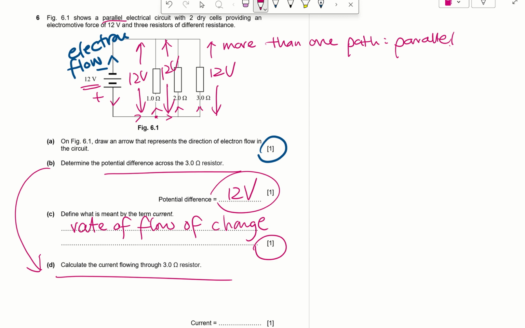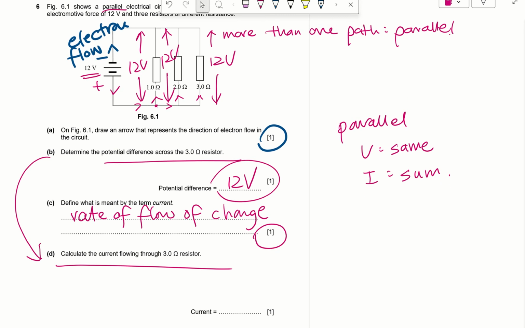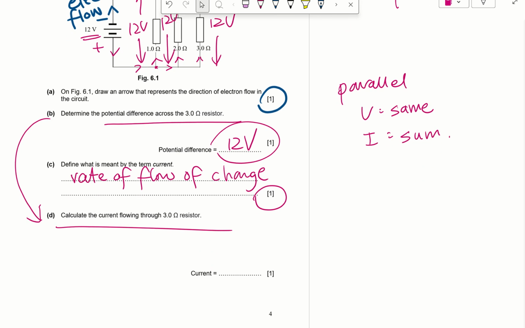How is it 12 volts? I told you, in parallel, voltage is same. Same to what? Same to the potential difference or the voltage of the battery. Current is sum.